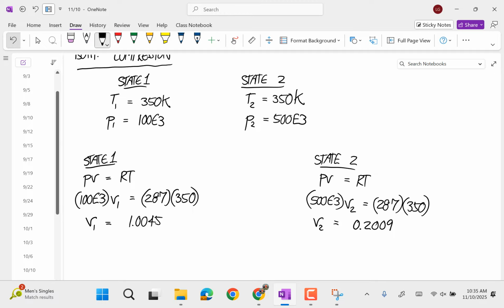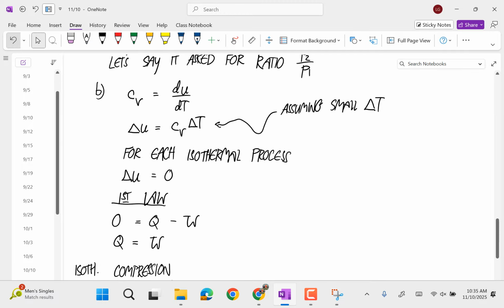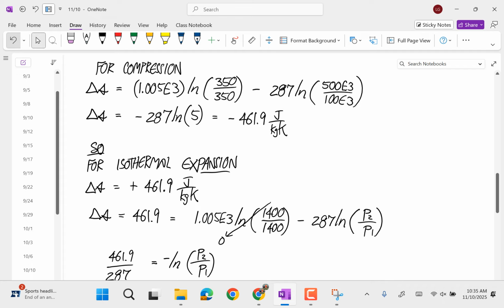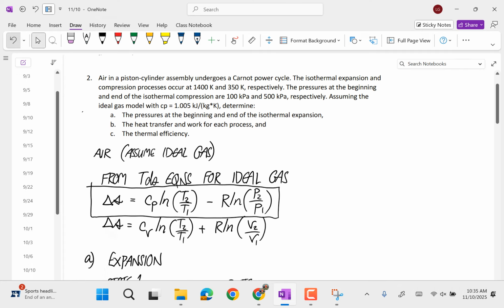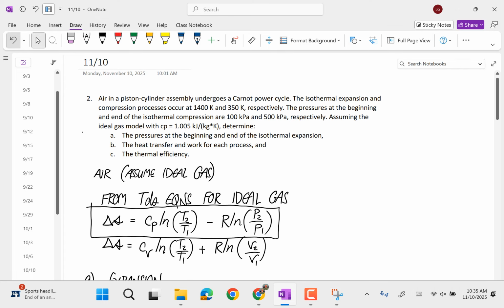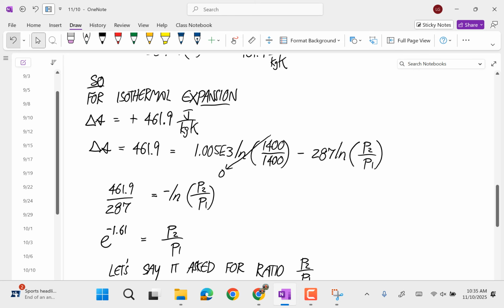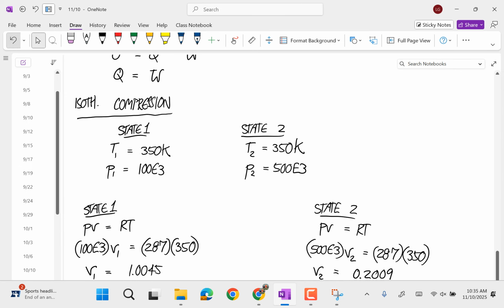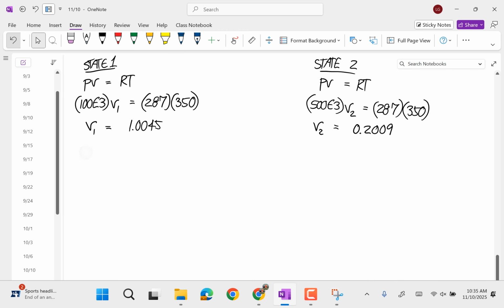Okay, so now we have the specific volumes. Anyone have a guess where I'm trying to go with this? What I was thinking is I was trying to calculate the work of expansion. We have that specific volume. We have pressures.